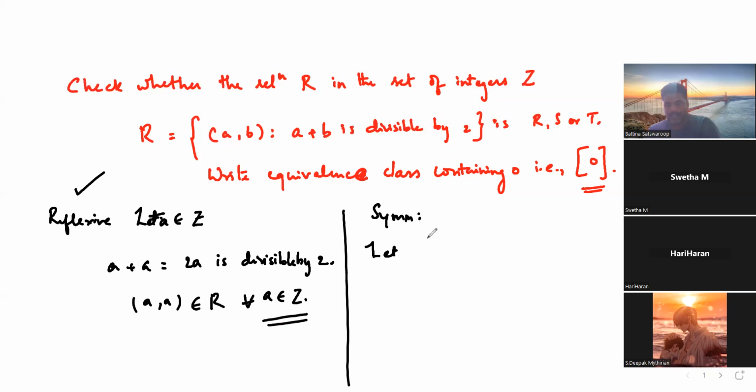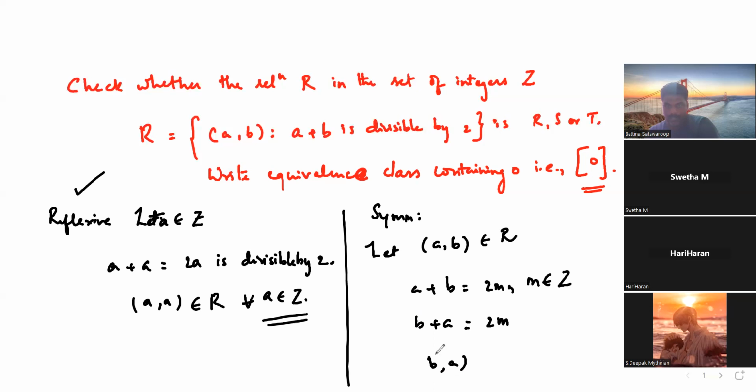So what I will do? Let (A, B) belong to R. So A plus B equals 2M where M belongs to Z. B plus A is also equal to 2M, where (B, A) will also belong to R in that case.